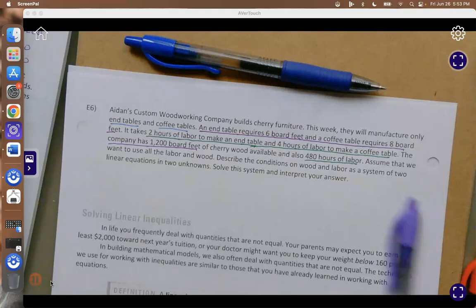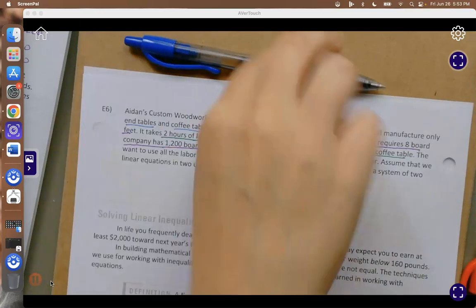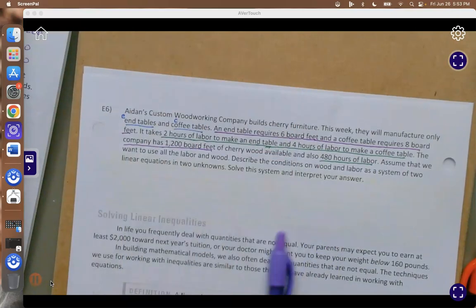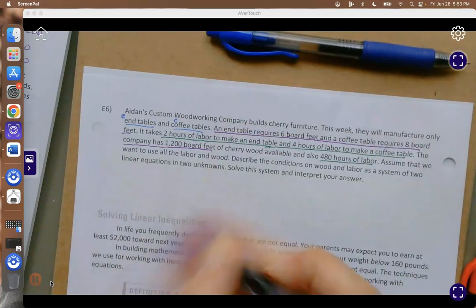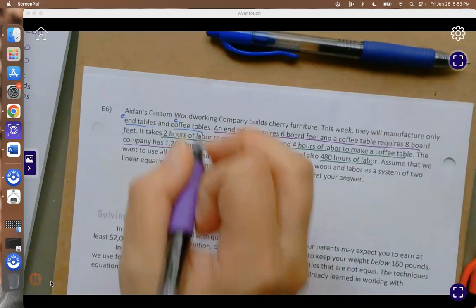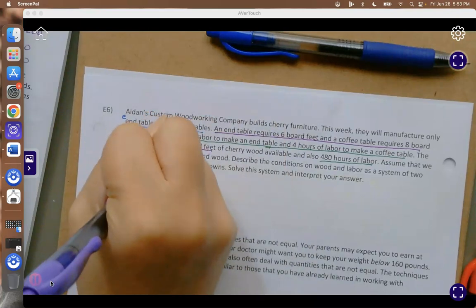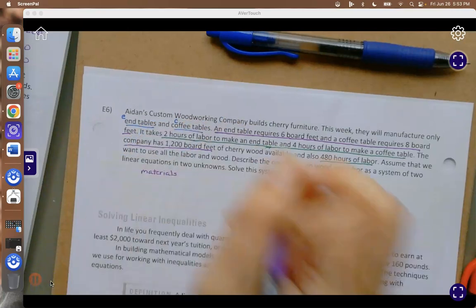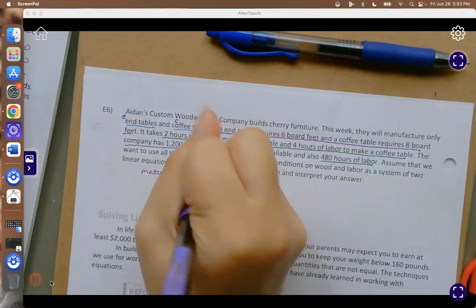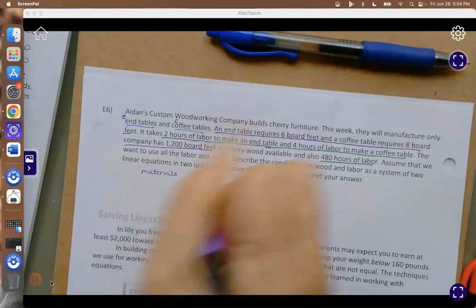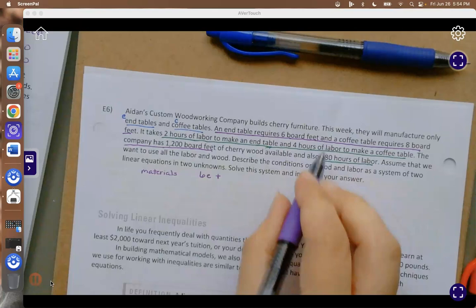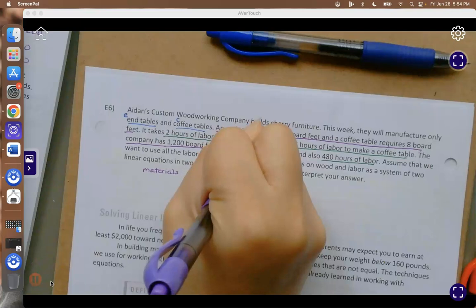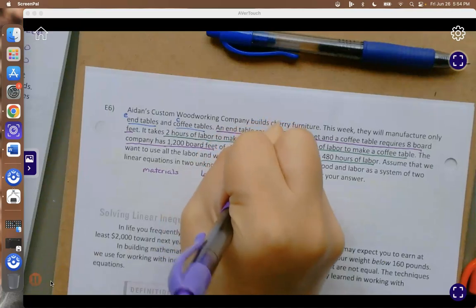So we're going to use E for end tables and C for coffee tables. So let's make our first equation dealing with materials. So end table 6 board feet, so 6E plus coffee table is 8, 8C equals 1,200 board feet.